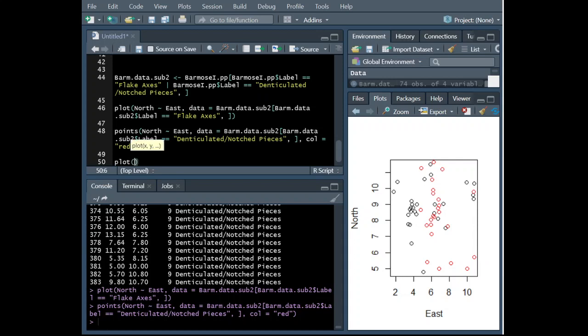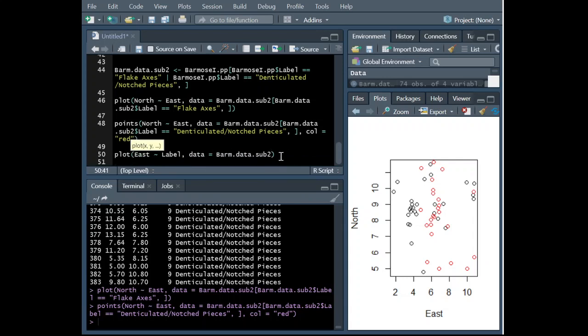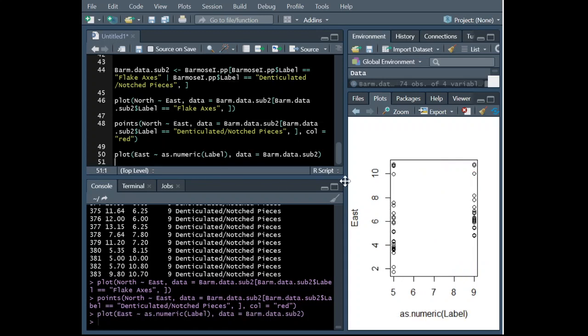We can plot these east values as a function of label for the BARM data sub 2. In this case, again, we're going to want to put as numeric around the label because the label is a character, and we want to turn it into numeric 1 and 2 values. If we plot this, here's our data.